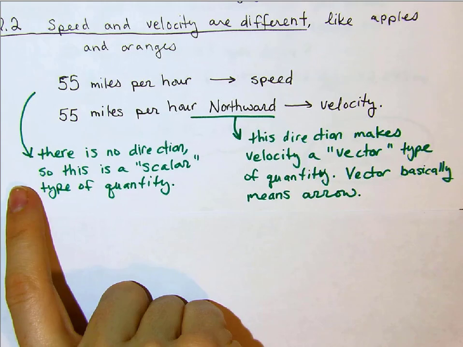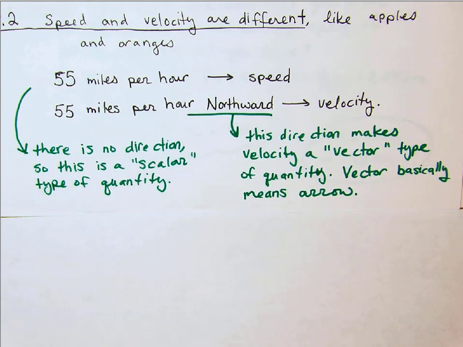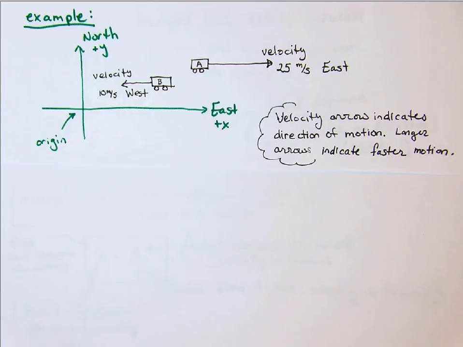It wouldn't make sense to say that the time is 3 o'clock northwards, or that my mass is 72 kilograms to the south. They don't have directions. And then there are other types of quantities that do have directions, and you could represent them as an arrow. A fancy word for arrow is vector.